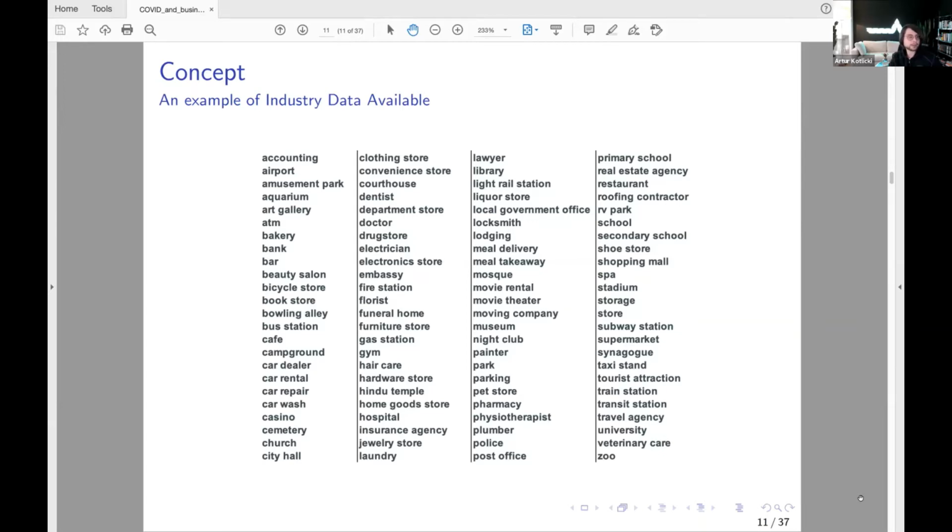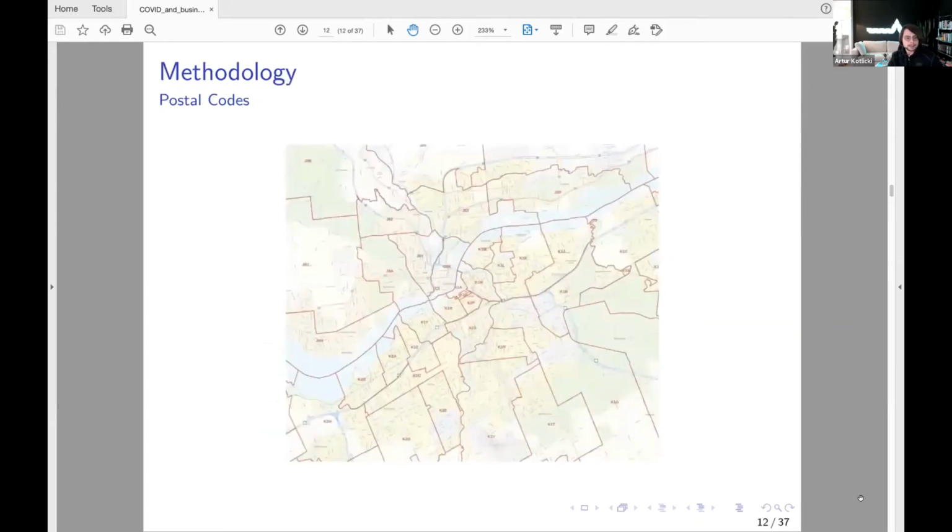Okay, let me go to the next slide then. So to really scrape the data and get the data from Google, we need to provide a location. So it's a point on the map and then a radius around this point.